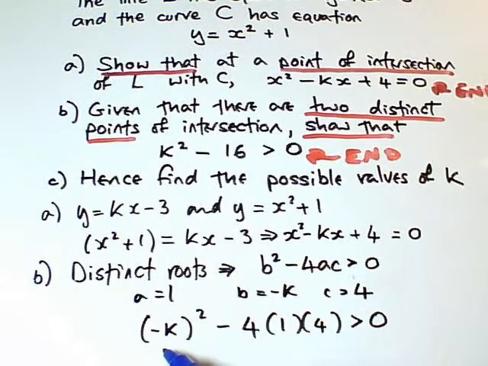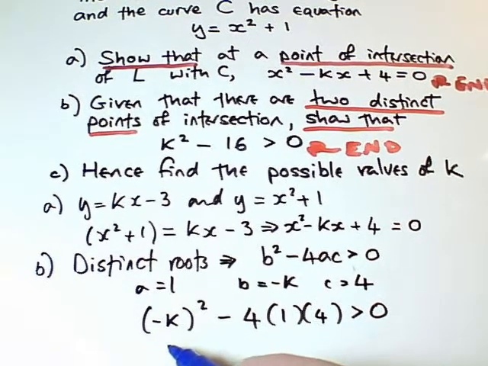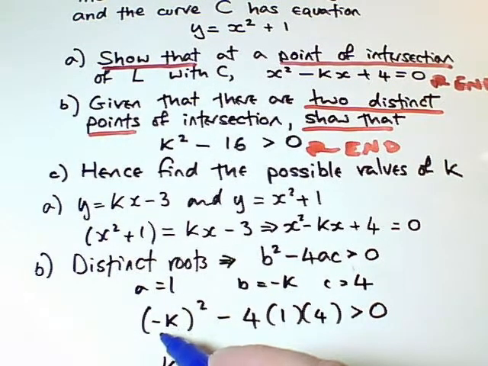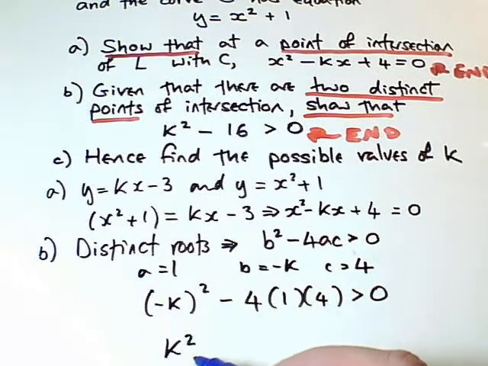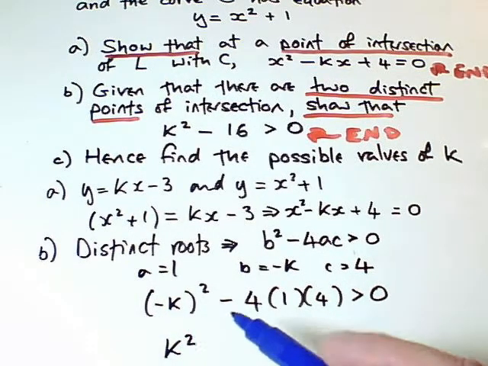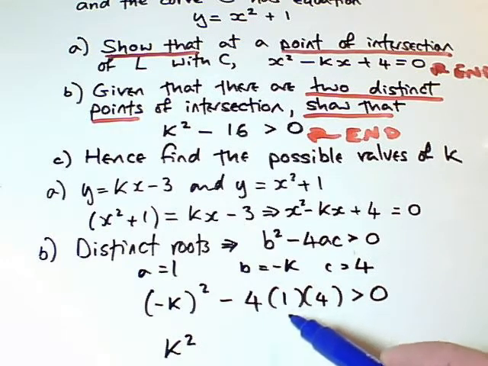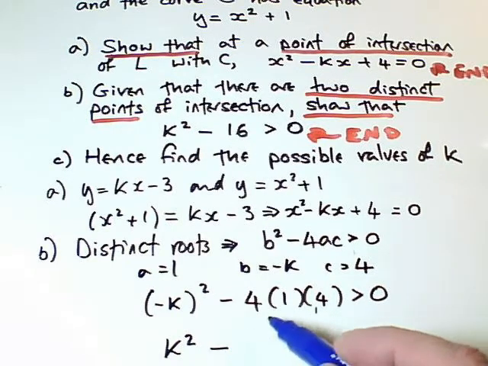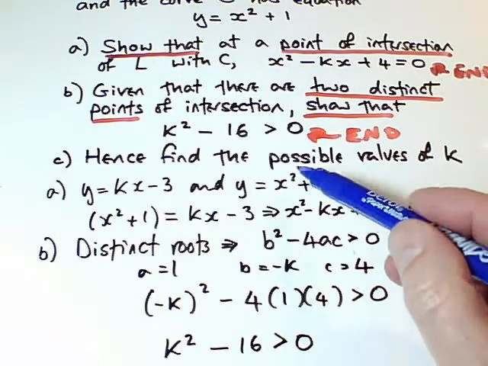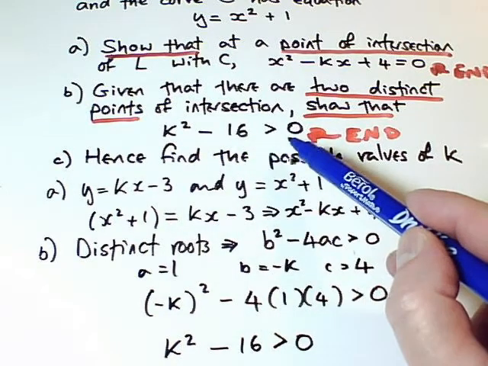When you square minus k you get k squared, because when you square a minus number you just get the positive answer, so that minus sign just disappears. And then I've got a minus times a plus, so it's going to be minus, and 4 times 1 times 4 is 16, so k squared minus 16 is greater than 0, and lo and behold, I've reached that endpoint.